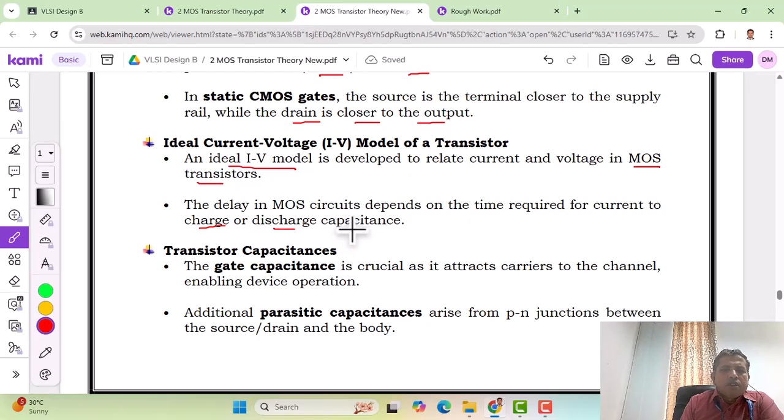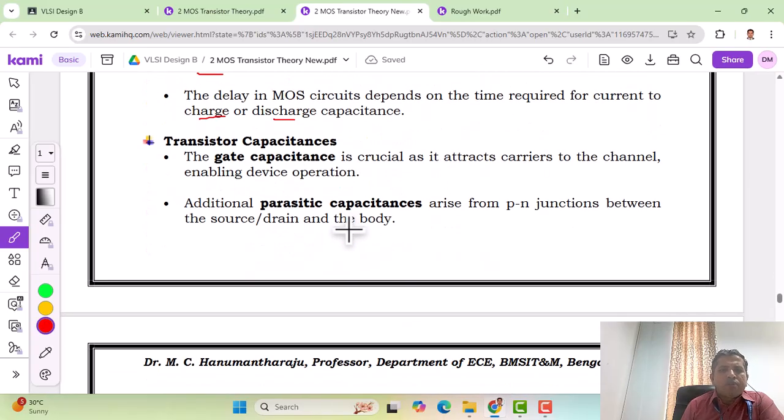capacitors. Transistor capacitors are of different types, but we deal with only the main capacitors like gate capacitance. That gate capacitance is crucial as it attracts carriers to the channel, and this enables the device operation. We have already seen in the different modes of operation how exactly gate capacitance plays a vital role in MOS transistor operation.